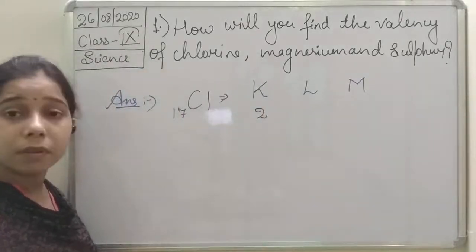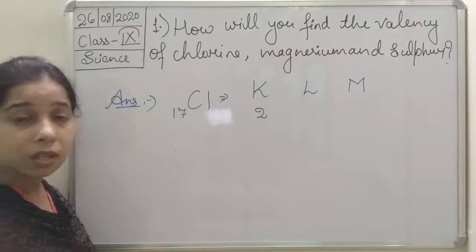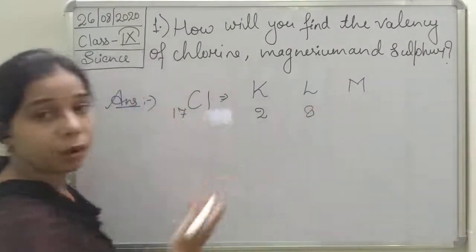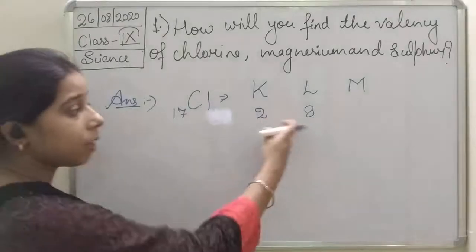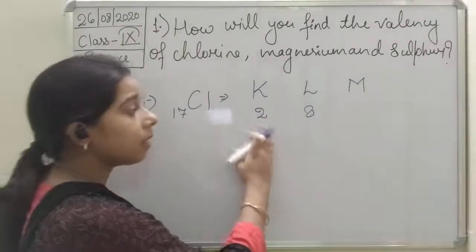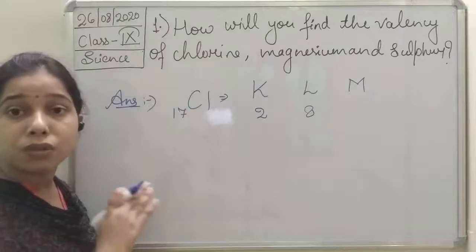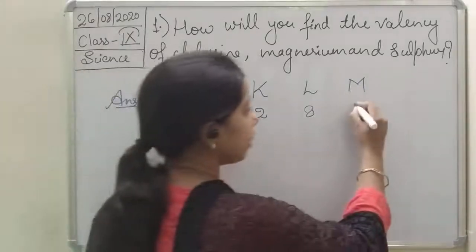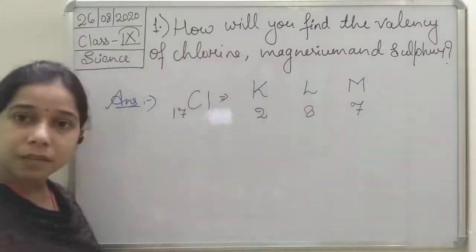How many electrons will be present in the L shell? It will be 8, because maximum it can accommodate 8. Now 8 plus 2 is 10. 17 minus 10 gives 7. So 7 electrons will enter the M shell. So here it will be 7.